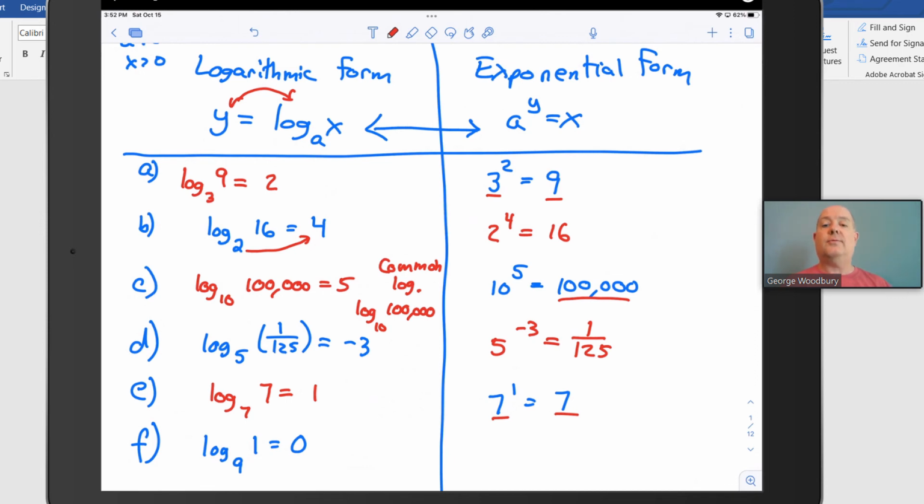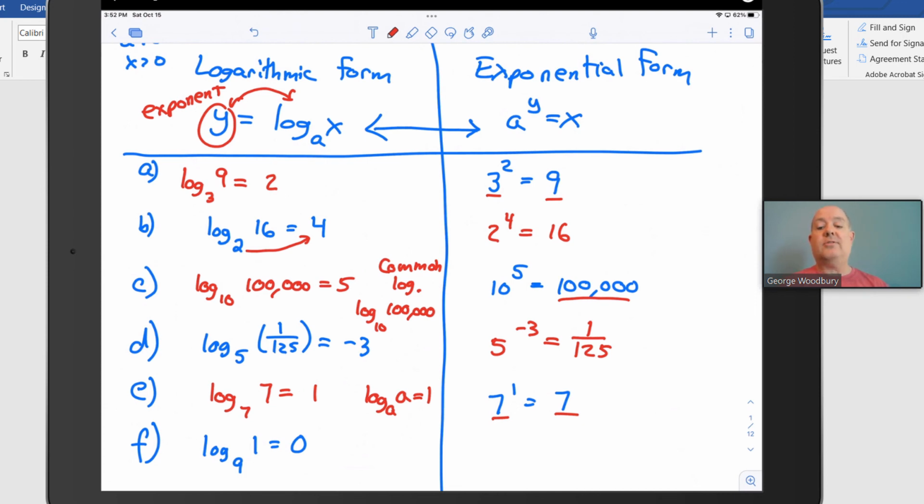In the logarithmic form, this number that's on the other side, away from the logarithm, that is the exponent. By the way, whenever the base and the argument match like we have here, it will always equal 1. So for example, for any positive base a that's not equal to 1, log base a of a will equal 1.